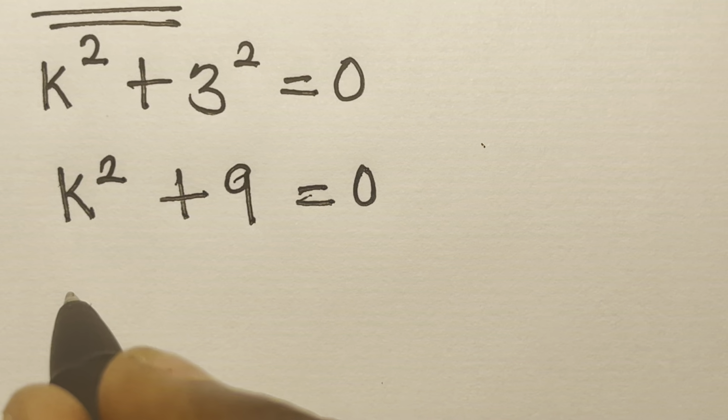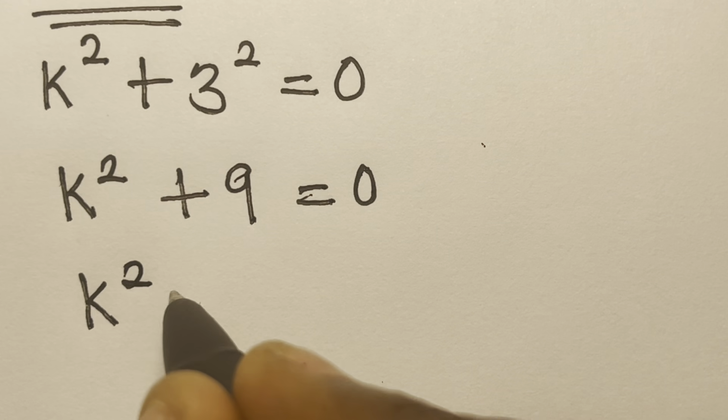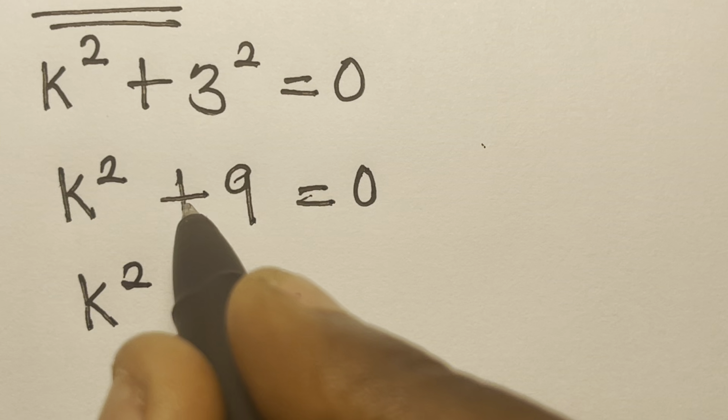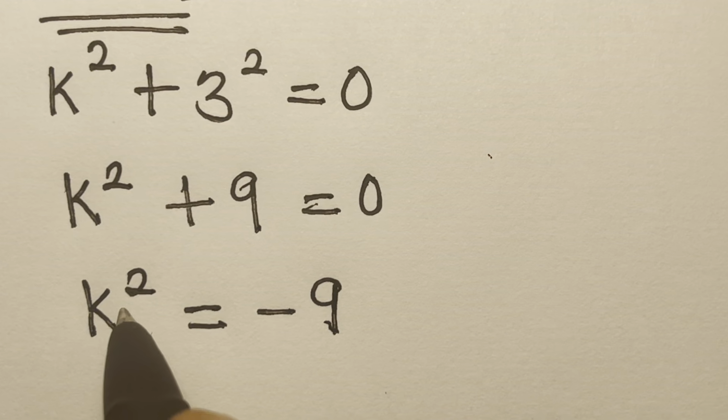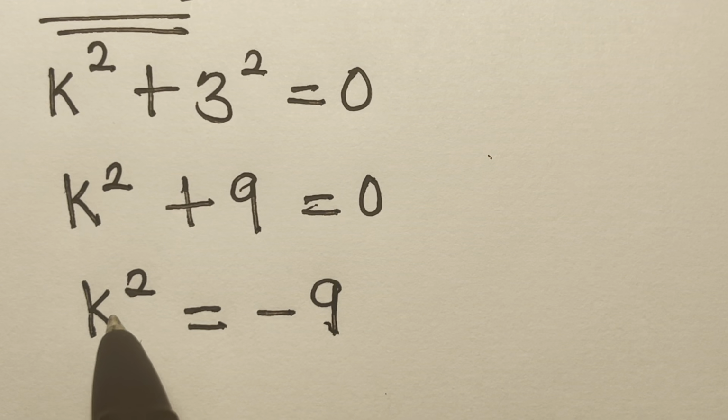Equals 0. We have k square equals, if we transfer this plus 9 to this side, we have minus 9, right? So we want to find the value of k, so we have to square root both sides of this equation. We have square root of k square equals plus or minus square root of minus 9.